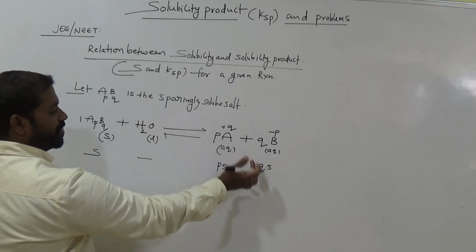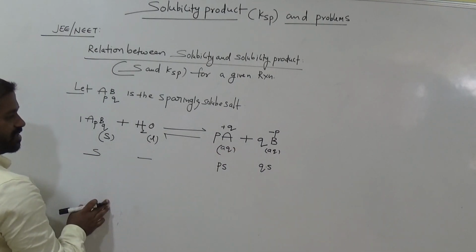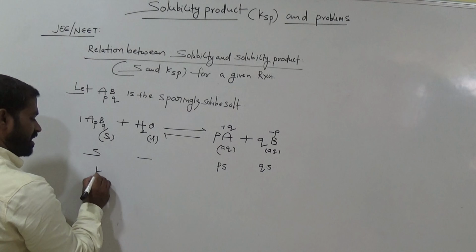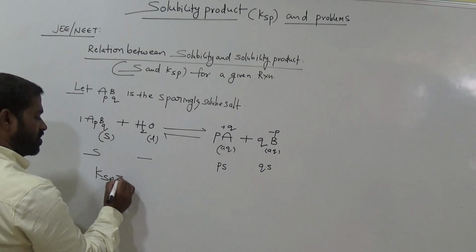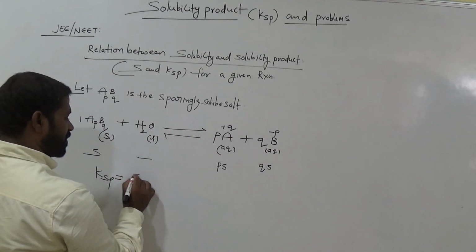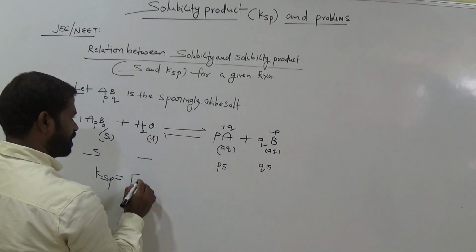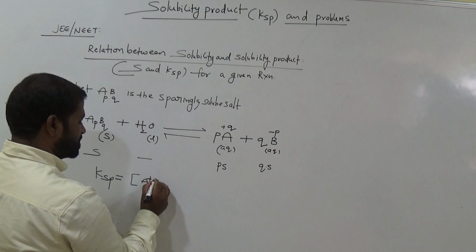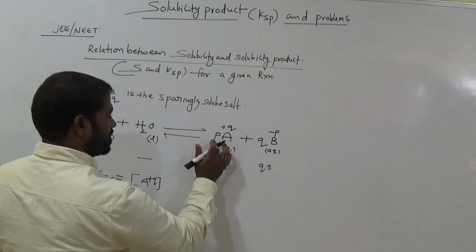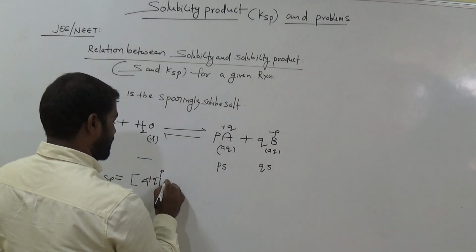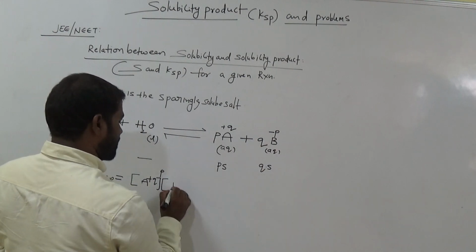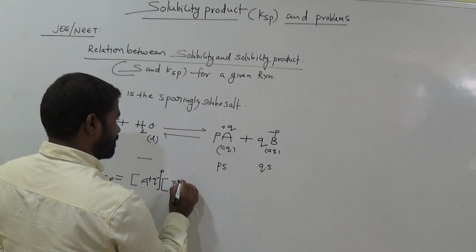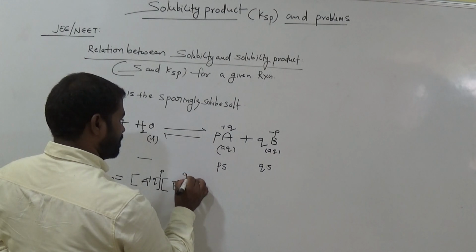Now write its solubility product Ksp, equal to the molar concentration of products: A plus Q, with coefficient P as power, into the molar concentration of B, with coefficient Q.